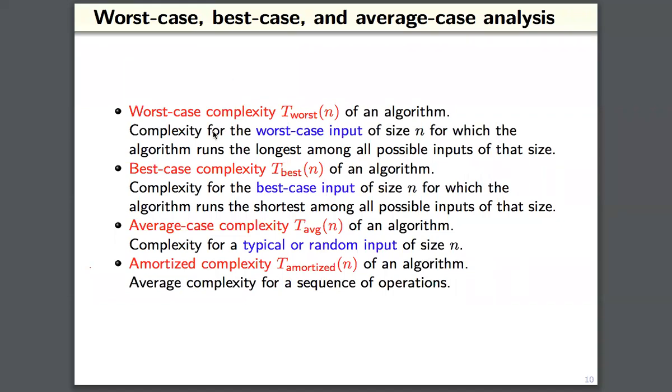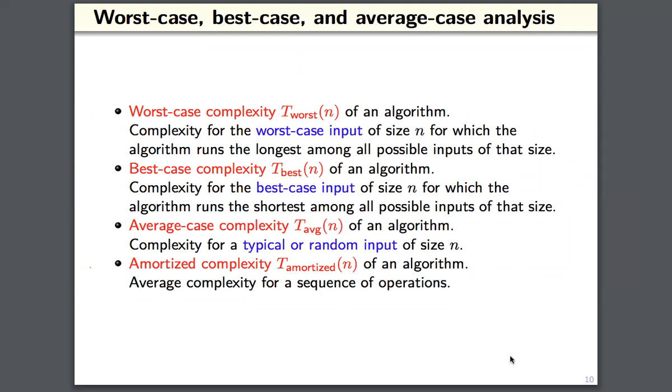Okay, let's see. What is worst case? T worst of n. That means given size n, the worst case complexity is the running time for the worst case input of size n.